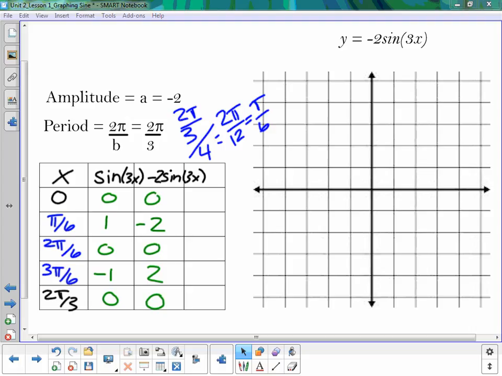We take the 3 and we plug it in here for b, and we get the period to be 2 pi over 3. So that means between 0 and 2 pi over 3, we're going to do one sine curve. So my x starts at 0 and it ends at 2 pi over 3, just for one period.